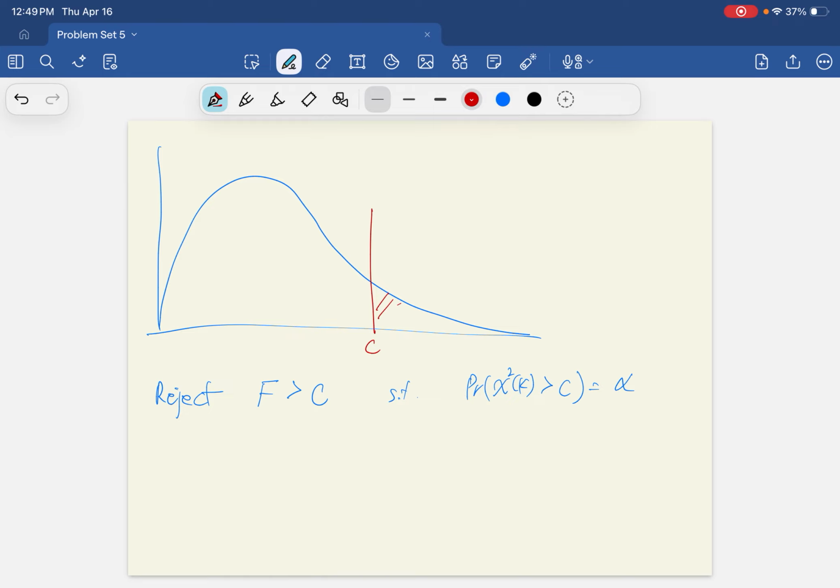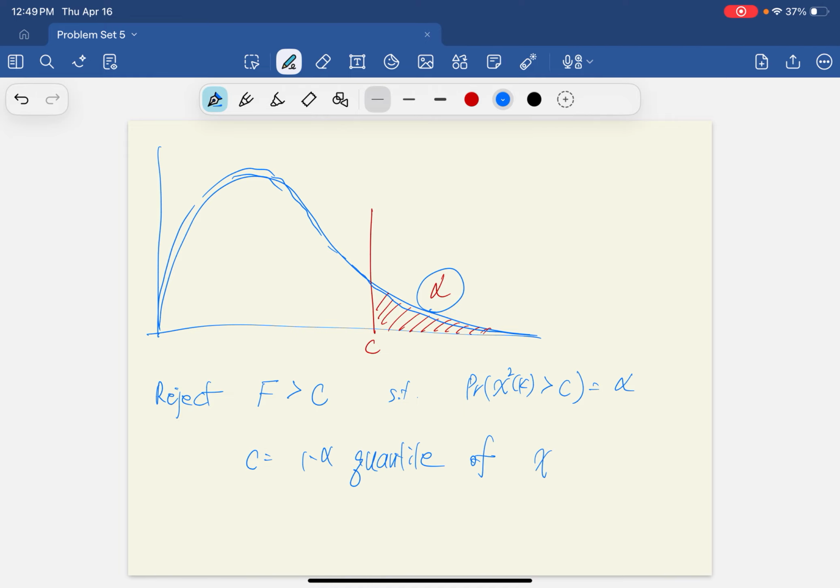So that means on average, even if the null hypothesis is true, your RSS will be distributed like this. But if you're unfortunate by randomness, sometimes it may look very different from 0. That can happen with alpha probability. So that means c is the 1 minus alpha quantile of the chi-square k distribution, okay?